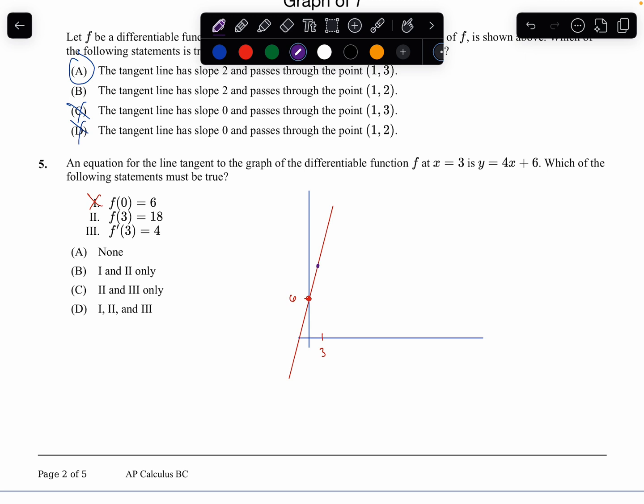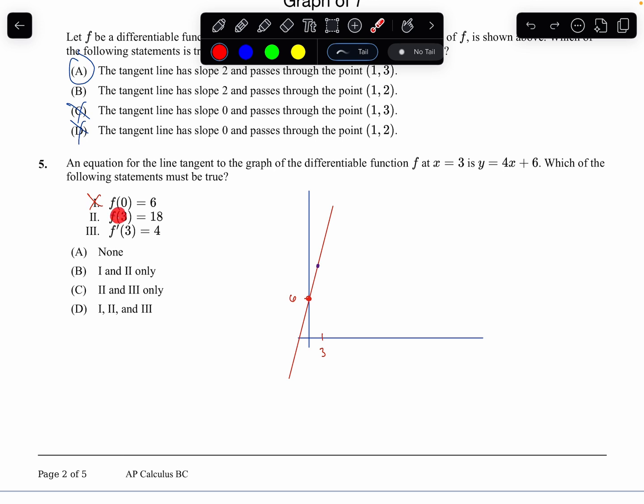The graph of f could do something like this, where maybe it crosses right here and does something weird like that, and then at this point it's going to have the same slope. So it could pass through here, but we don't know, and it doesn't have to.